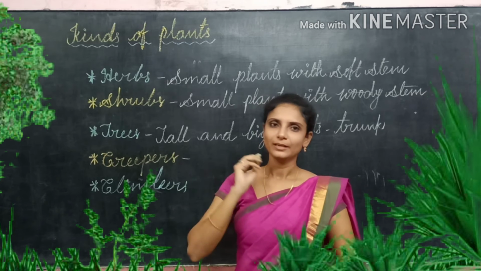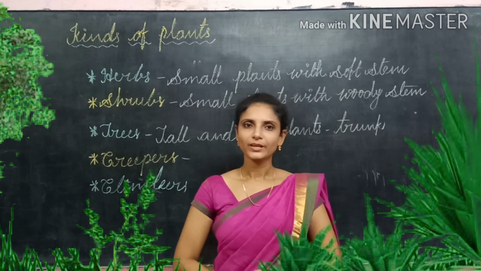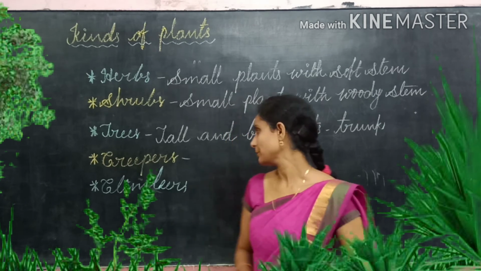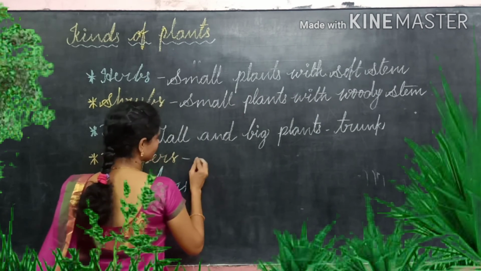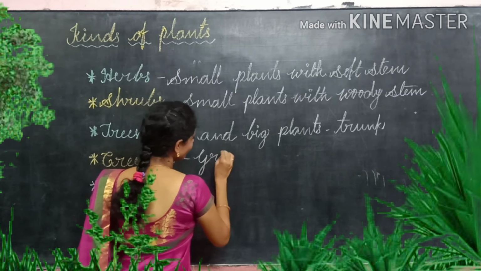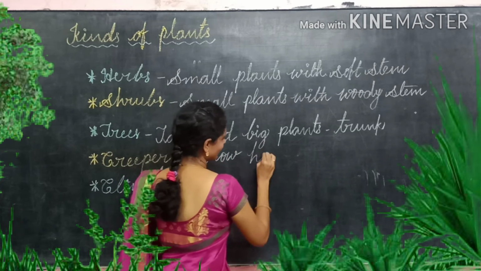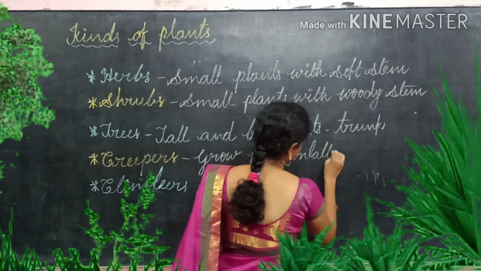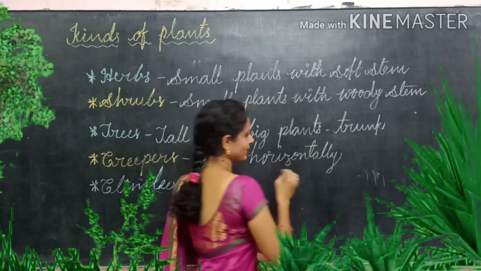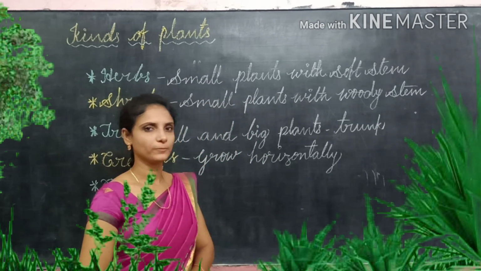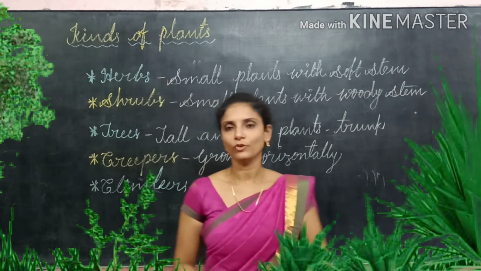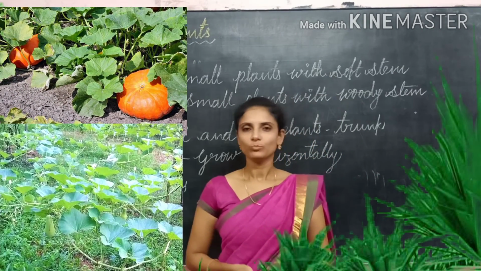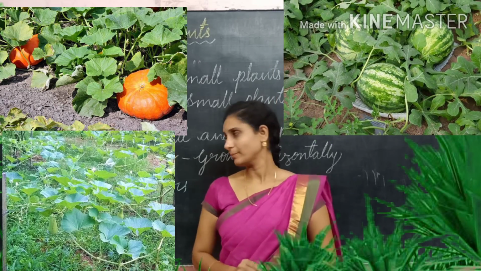Plants which have a weak stem and grow horizontally along the ground are called creepers. What are the examples of creepers? Pumpkin, bottle gourd and watermelon.